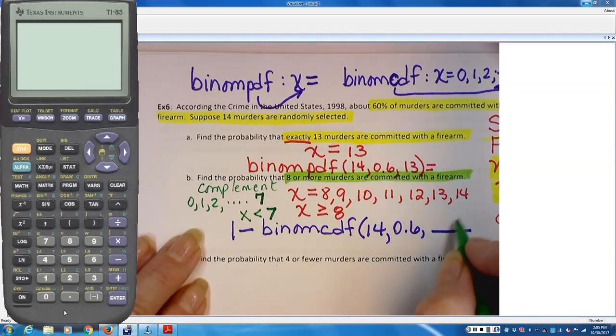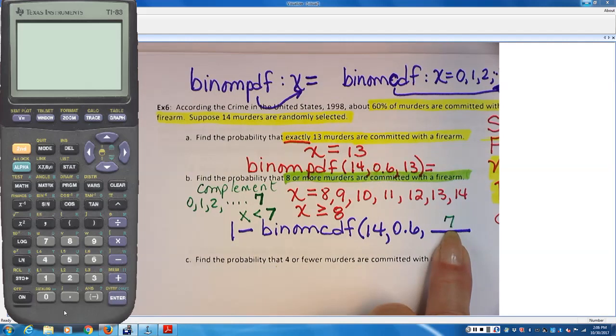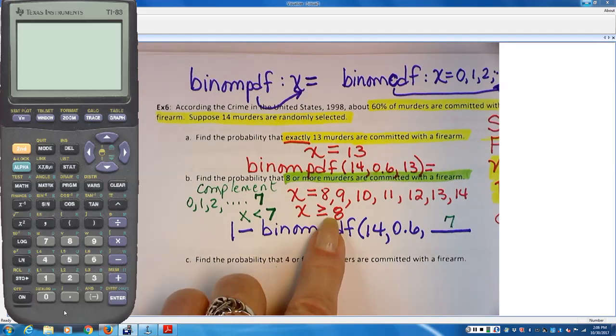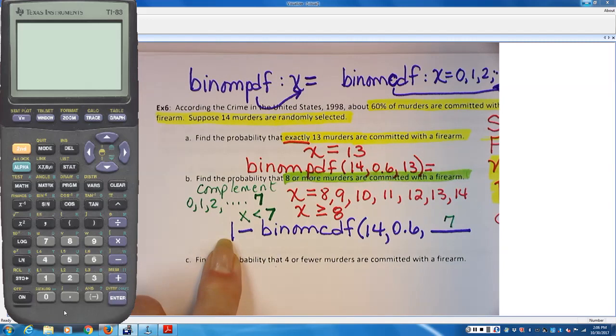That means the end is 7. We only accumulate from the bottom, not from the top. When you accumulate, you start here and go to the end. So when we accumulate, it always starts at 0 and ends here. If we need to start at 8, we can't do just this. That's when we have to use the complement rule and subtract it from 1.